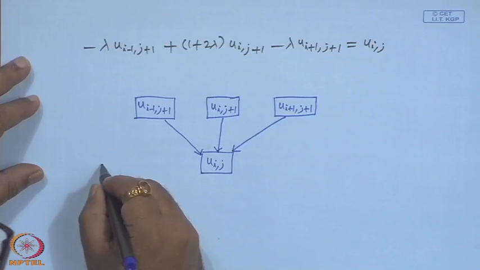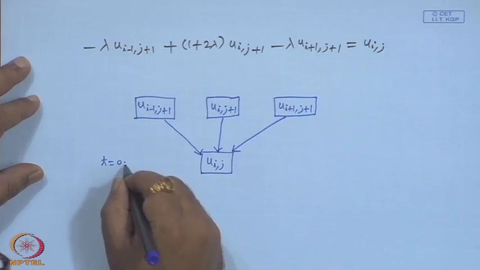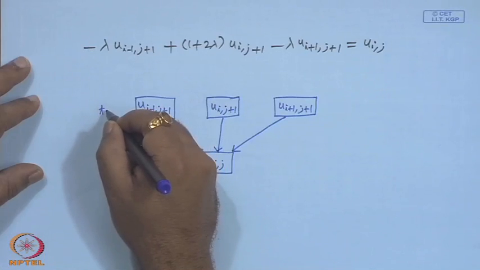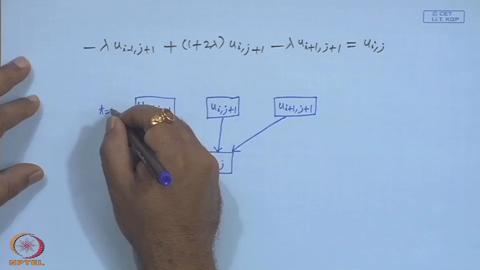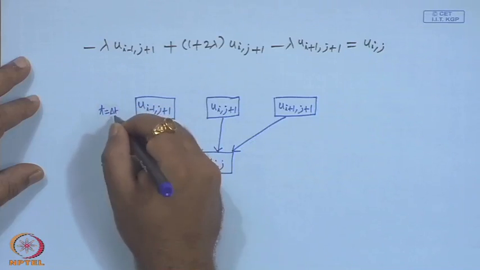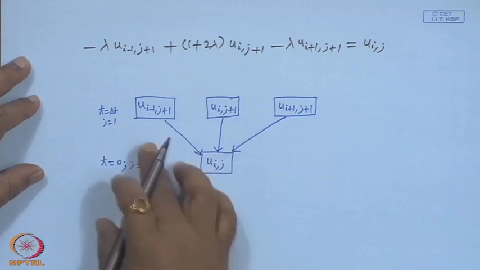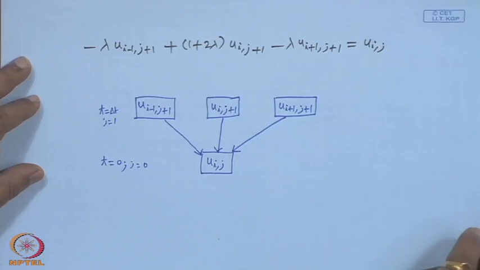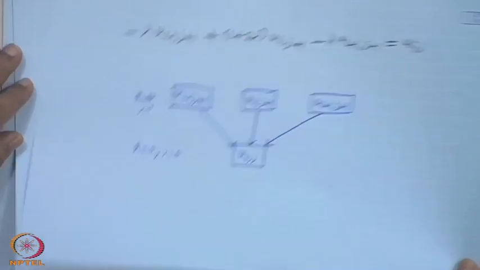This corresponds to t equals 0, which is j equals 0, then when t is delta t, j is 1. Let us run through it with a specific case, then see how the implicit nature comes into the picture.